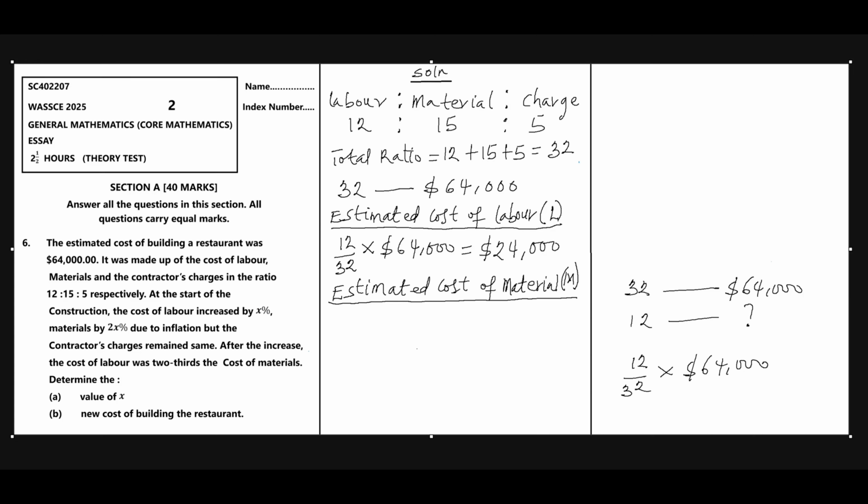If the ratio 32 is giving us $64,000, then the ratio for material, which is 15, must also give us a certain cost in dollars. So that is 15 out of 32 multiplied by $64,000.